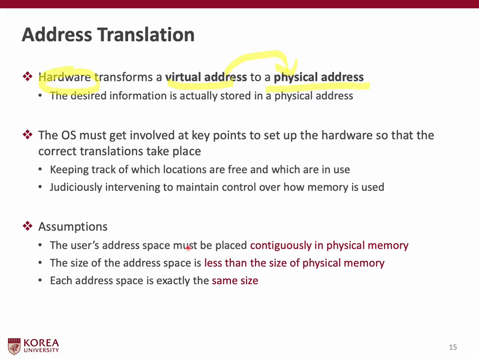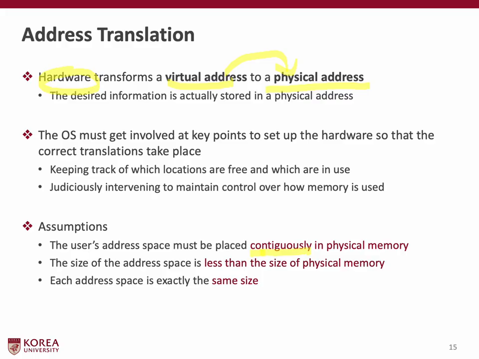Okay, then now at this stage, we make a few simple assumptions to make things easier. First, we assume that each process address space is placed contiguously in physical memory.